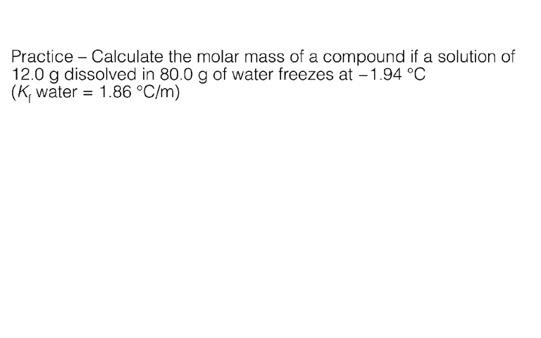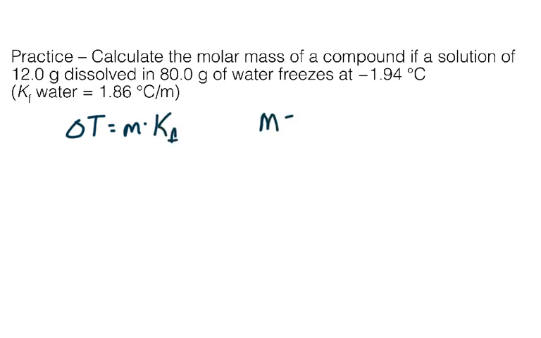Let's work through a different type of this question. Calculate the molar mass of a compound if a solution of 12 grams of that compound dissolved in 80 grams of water freezes at negative 1.94 degrees Celsius. So here I know that my delta T is equal to my molality times my Kf value.